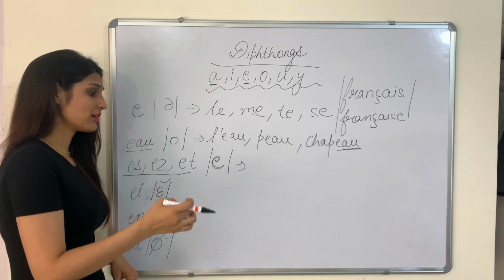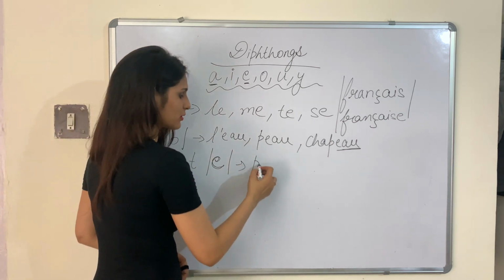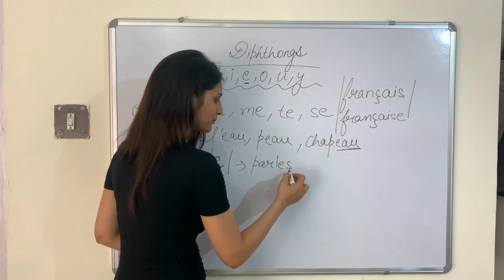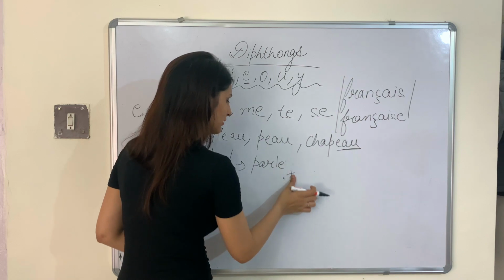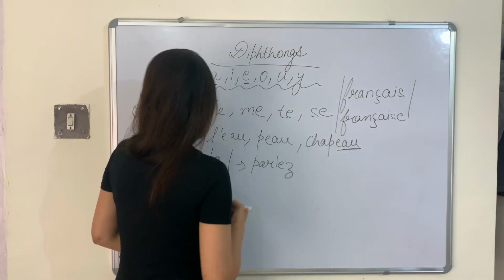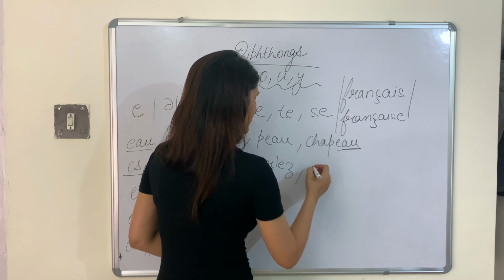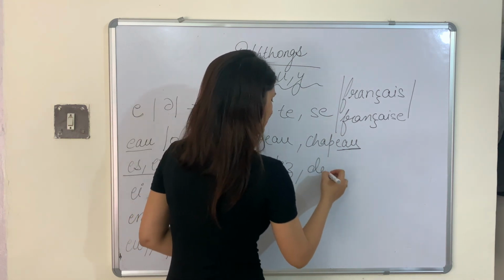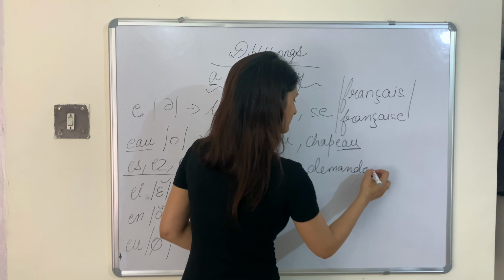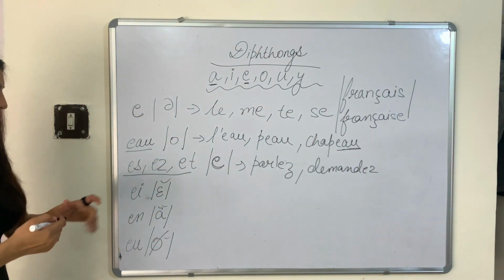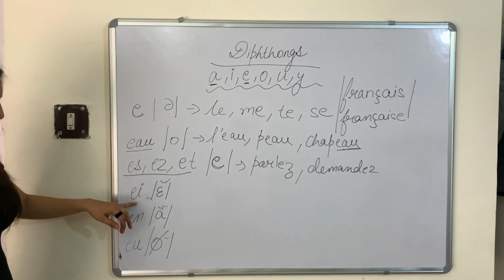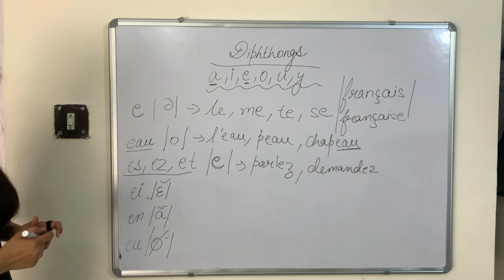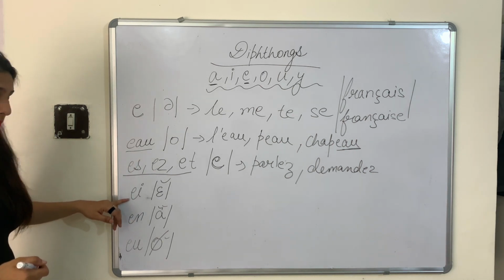The conjugation you could do: parler, parler, parler, and demander. The remains the same, and with this over here, I am not getting any word with this one right now, but I will be giving you.